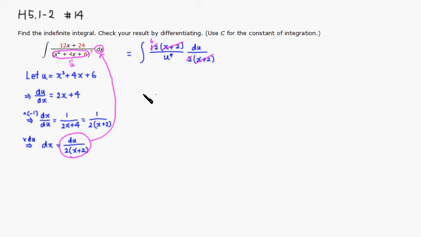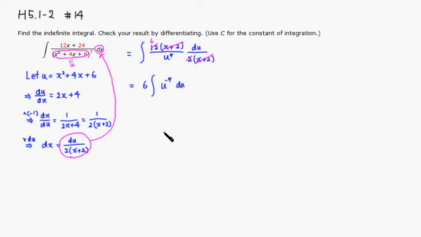Then this is equal to, put the constant in front, so you have 6 in front, and then an integral. Then you have u to the 7th power in the basement, so you can write it as u to the negative 7th power, then du.